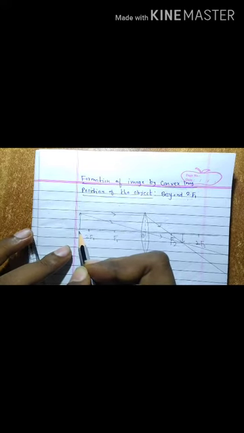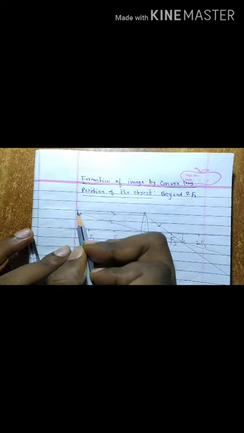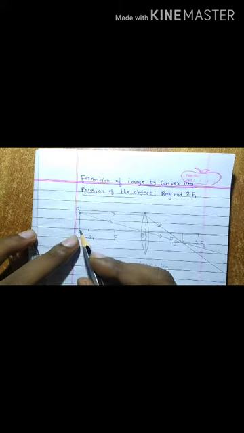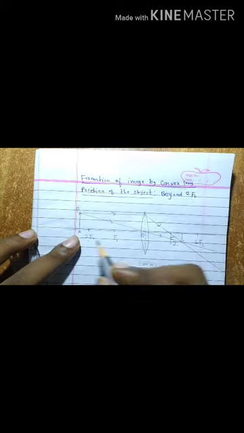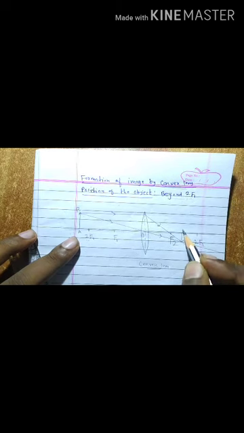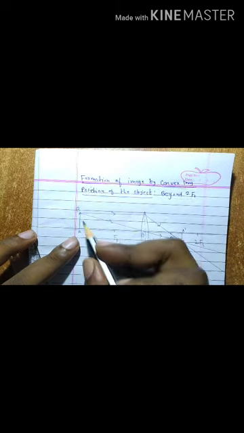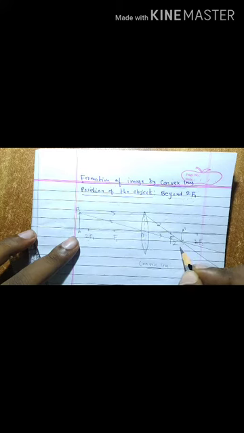Okay. So if you give the names, this is A and this is B. This A is on the principal axis, so the image point will be A1, and the top is here, so you can say B1.